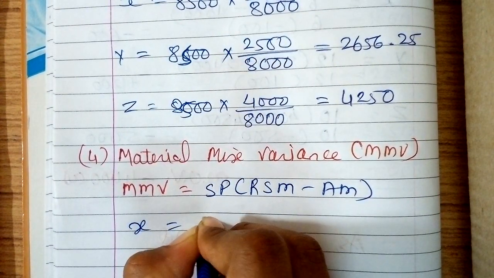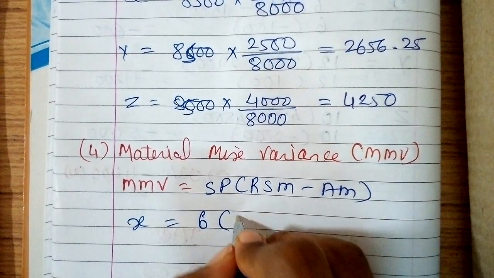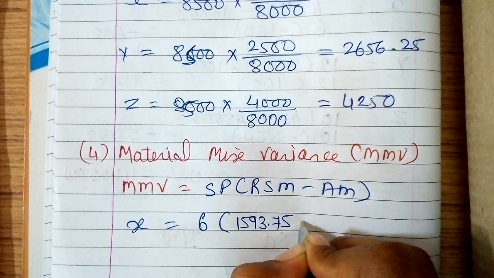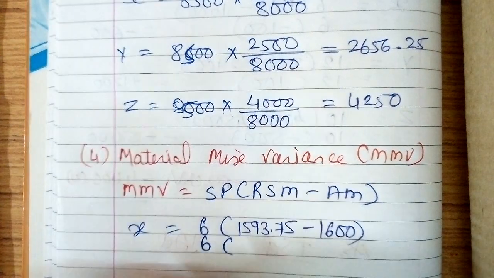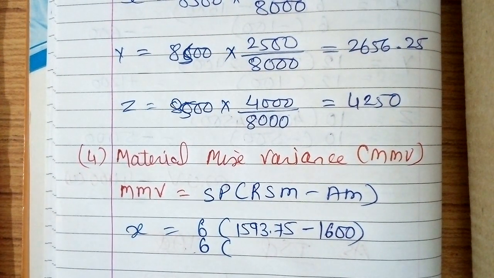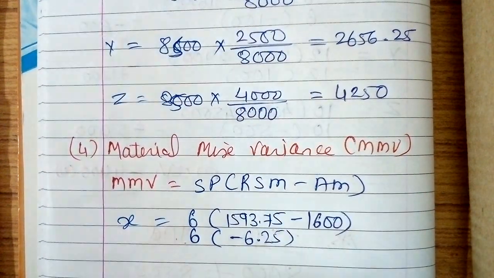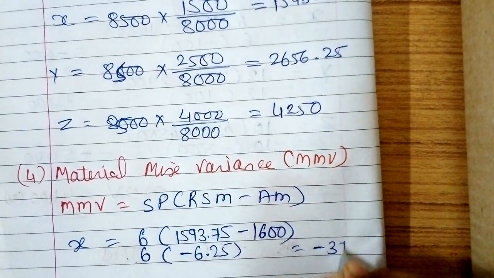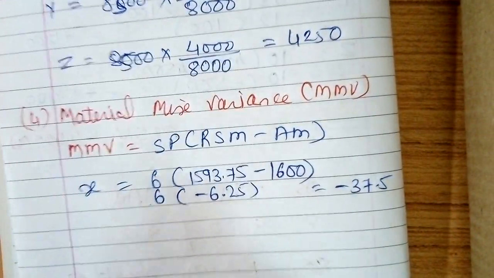So for X, standard price is 6, revised standard mix is 1593.75, and actual mix is 1600. So 6 into bracket negative 6.25. So negative 37.5 is the answer of X.